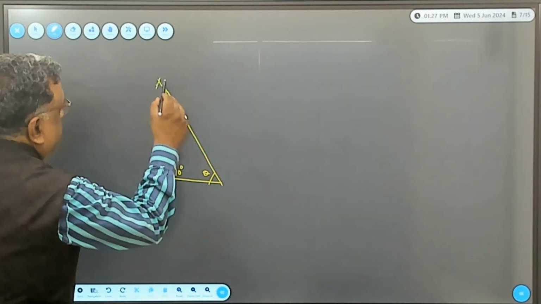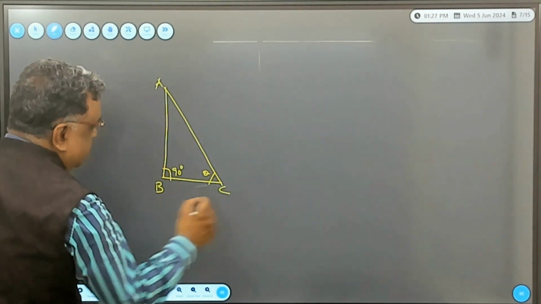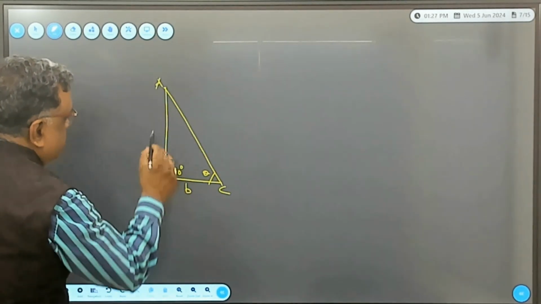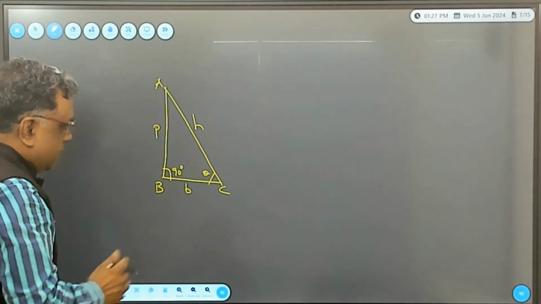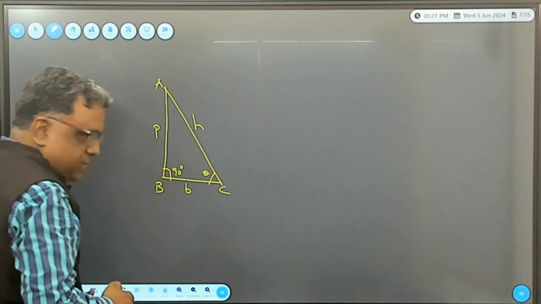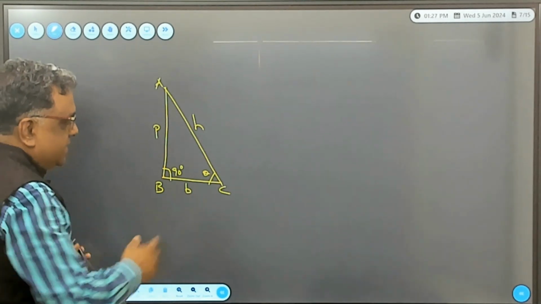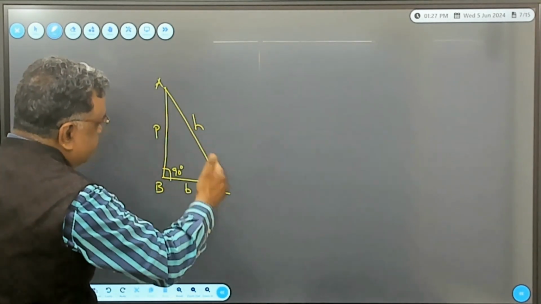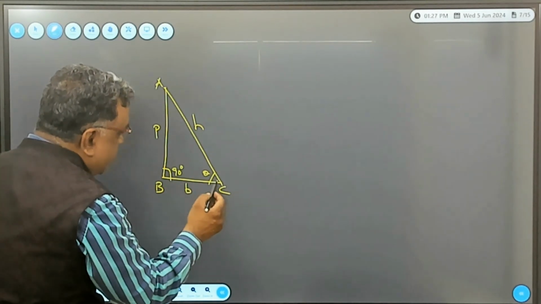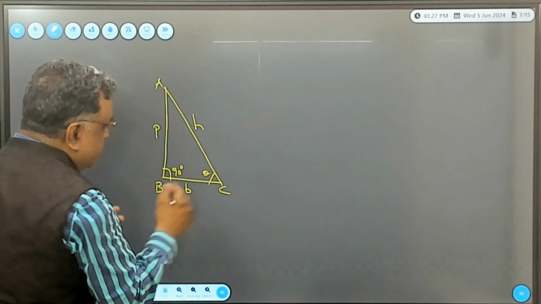A, B, C. This is B, this is P, this is H. Now, for this angle to be 0, what's going to happen? If this angle has to be 0, my hypotenuse has to keep on coming down, like this.